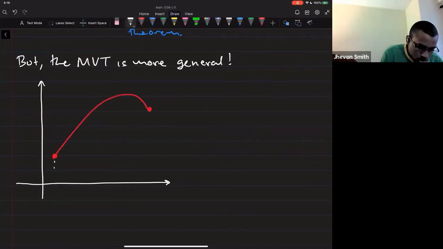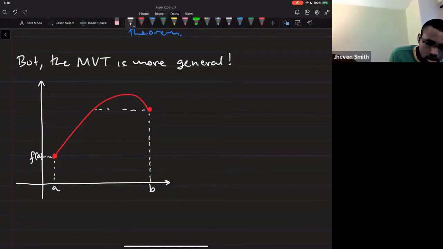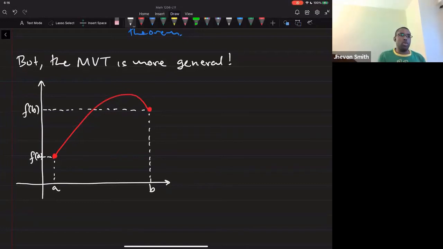Right, so that's A. This is f of A. And that's B. This is f of B. So now your f of A and f of B are not the same. You'll realize what the average rate of change is.